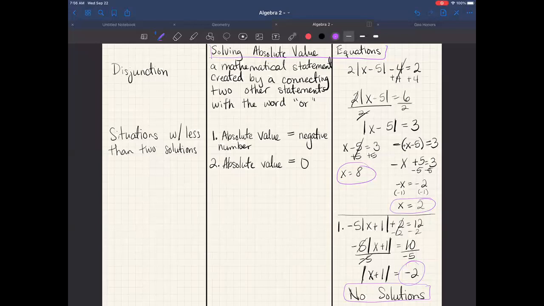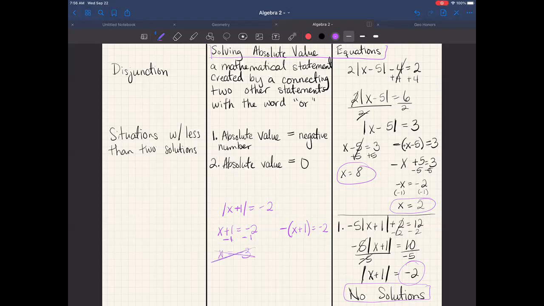Just for an example, you guys don't have to copy this, let's say I worked through it anyway. x plus 1 equals negative 2, and negative x plus 1 equals negative 2. When I do that, minus 1, minus 1, so x equals negative 3.